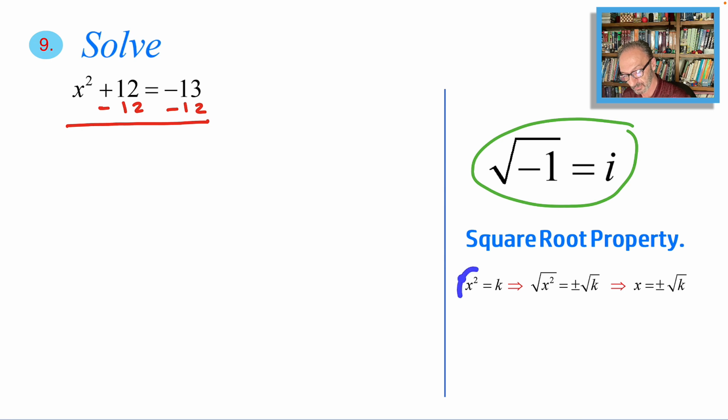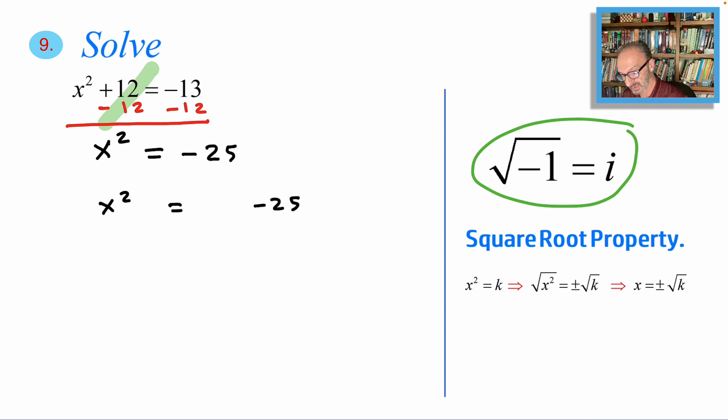So we have x squared on the left. Right side, -13 and -12 is -25, and this cancels. So we have x squared equals -25.